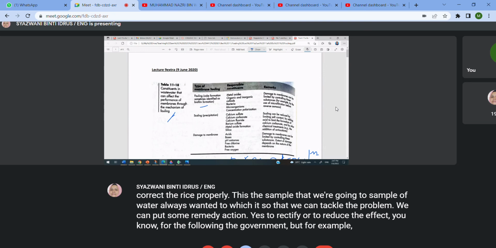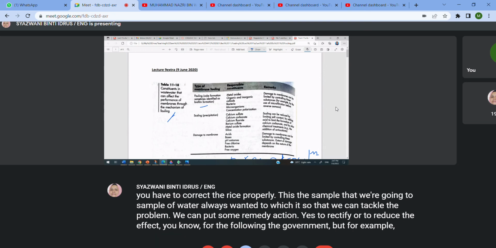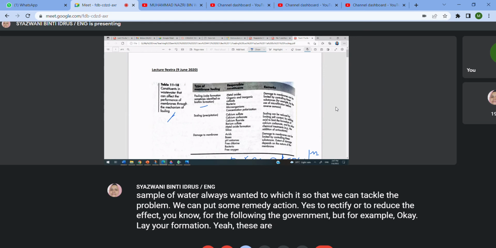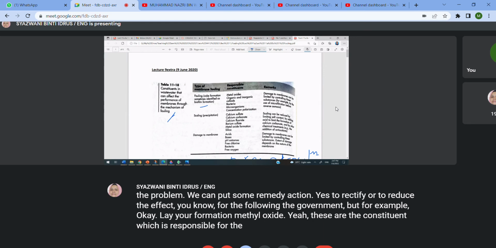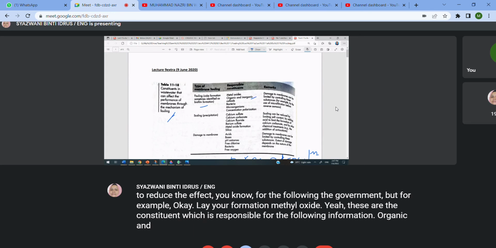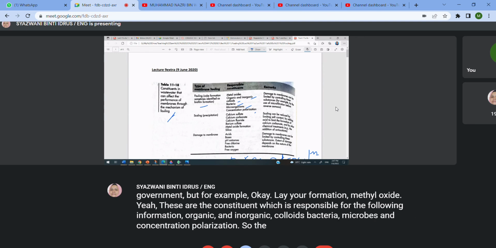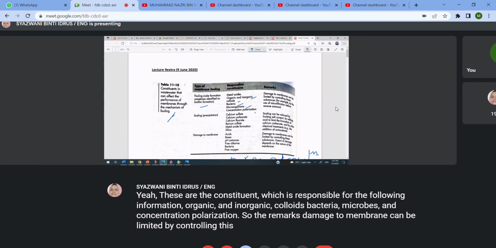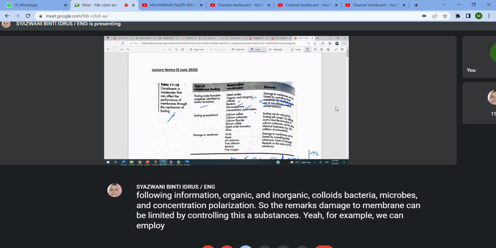For example, for cake layer formation, metal oxides are the constituents responsible for the fouling cake layer formation, along with organic and inorganic colloids, bacteria, microbes, and concentration polarization. So damage to the membrane can be limited by controlling these substances. For example, we can employ pre-treatment using microfiltration.